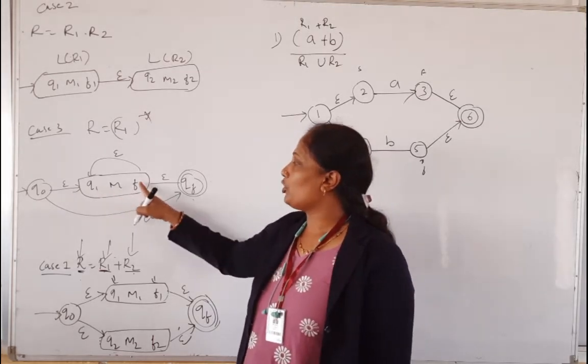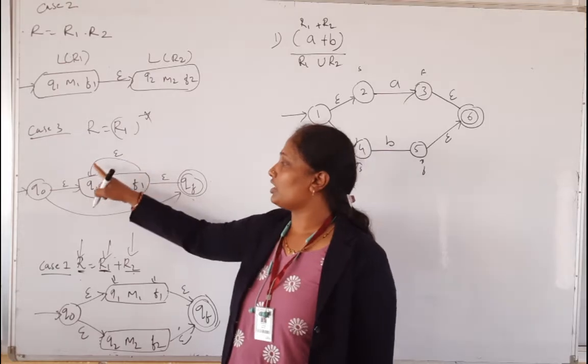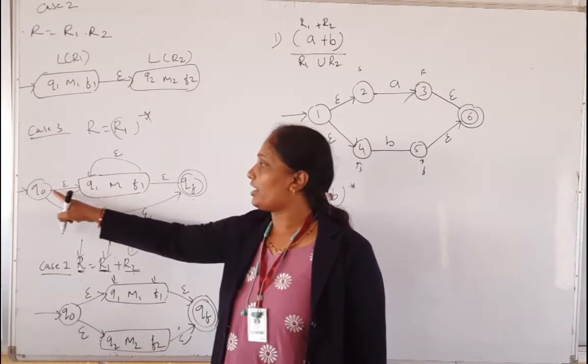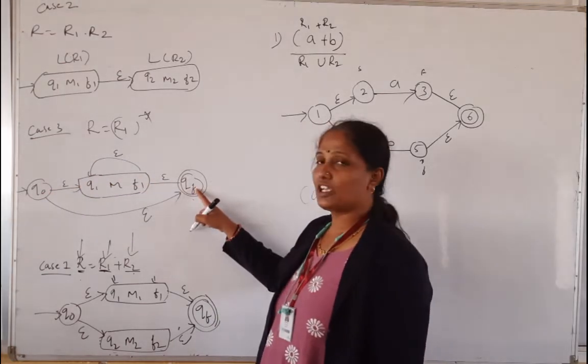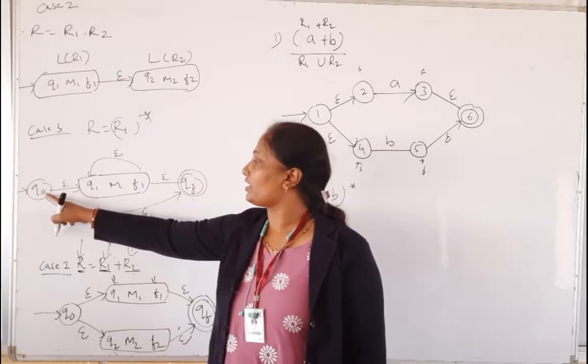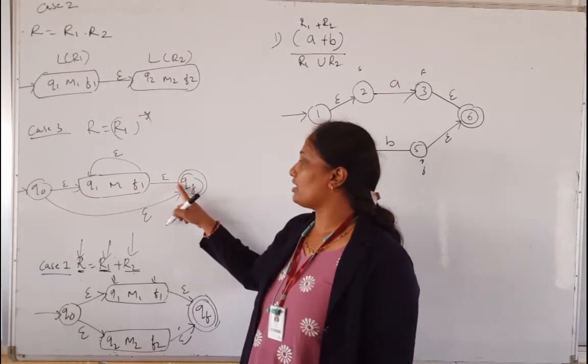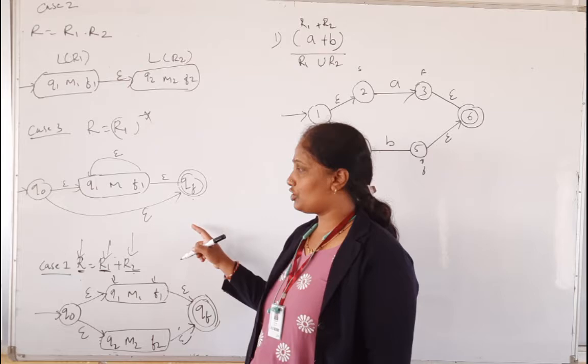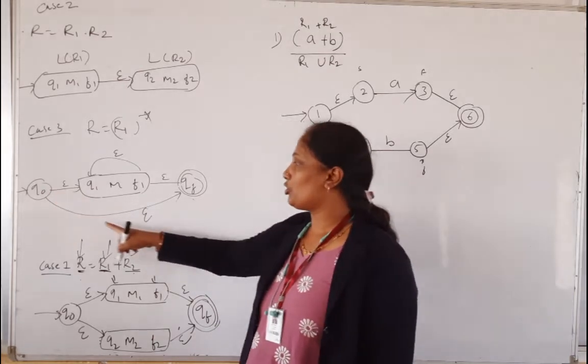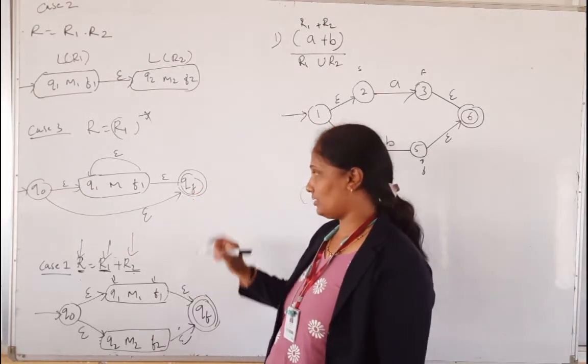So here I am going to connect the final state of the machine with the start state. Then I introduce a new start state and a new final state, connected to the start state and final state of the machine with epsilon transitions. And one extra transition I show from the start state to the final state.